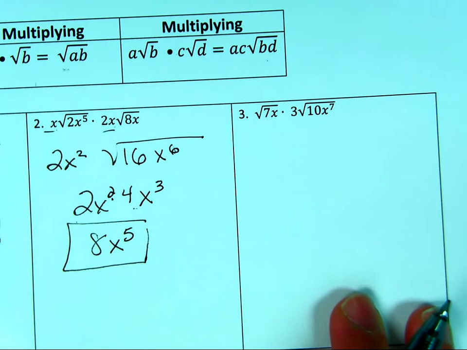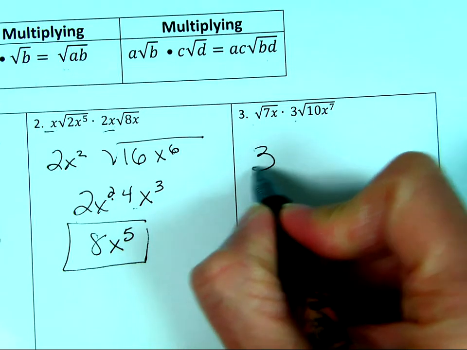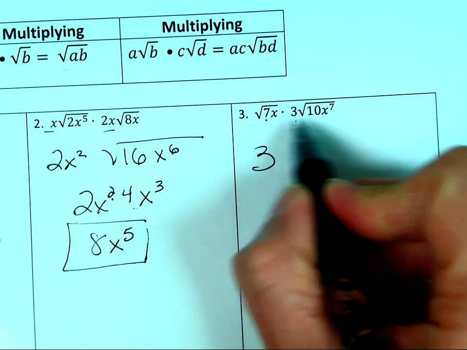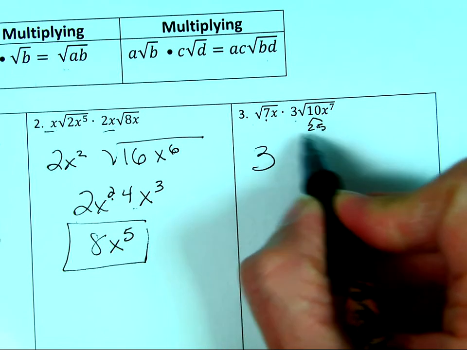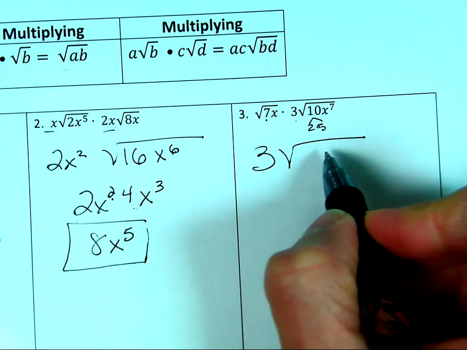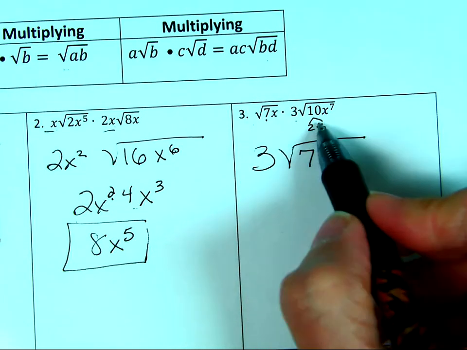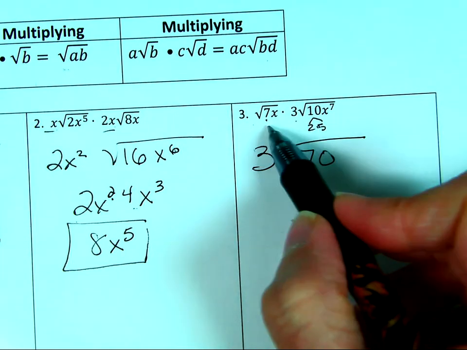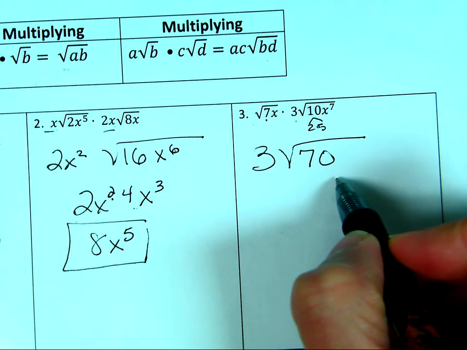Okay, over here, outside times outside. There's only one thing outside, so I'm going to put it outside. 7 times 10, and sometimes I just look, oh, that's 2 times 5. There's not going to be any perfect squares because there's not 2 of any factor. So I just know that it's 70, and I can't simplify that. Sometimes I like to know that before I write it down, because if I know before, then I would write it differently.